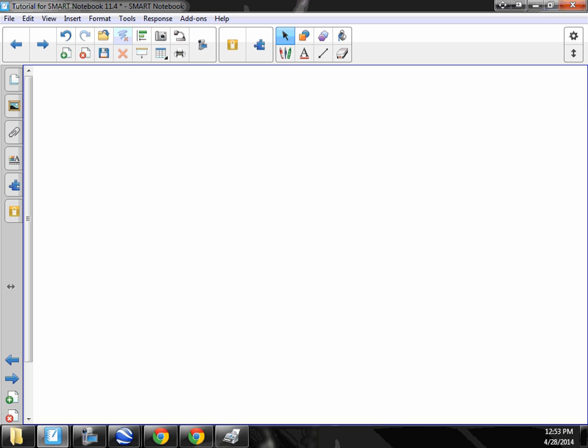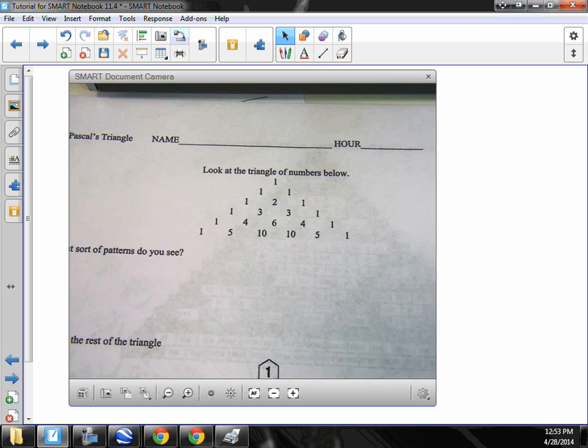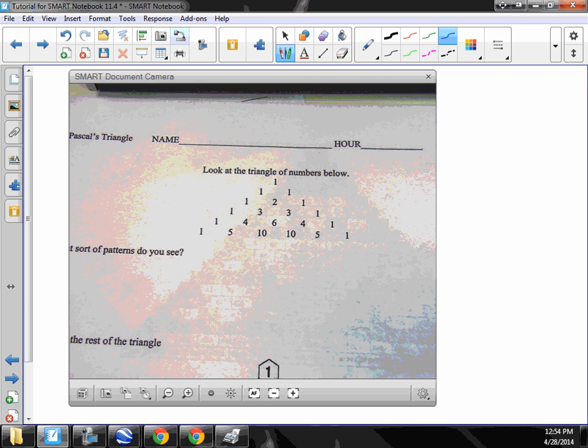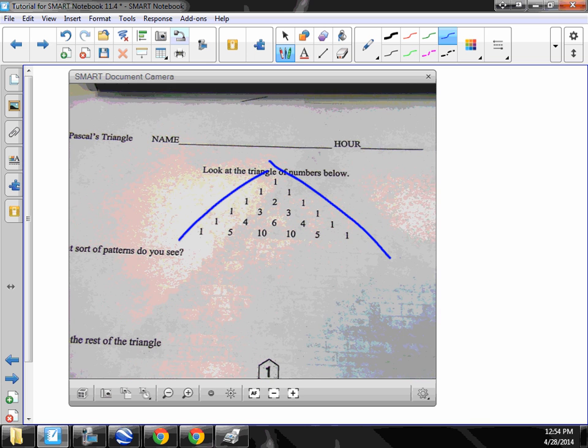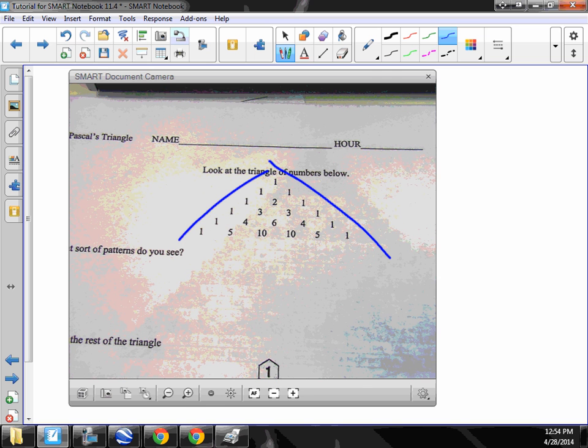Okay. How many of you have been introduced to Pascal's triangle? What is the pattern in Pascal's triangle? Oh, good. Hey, I'll do the easy one. Those are all ones, and those are all ones. And just so we're all using the same language, we're going to call these rows.